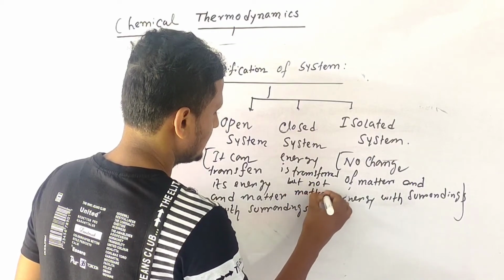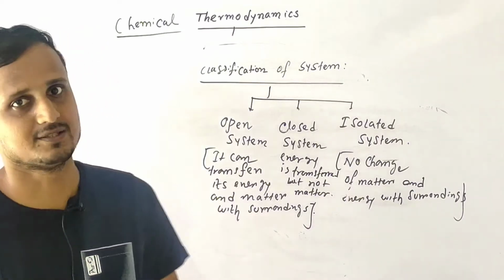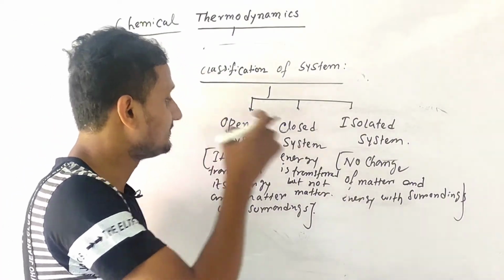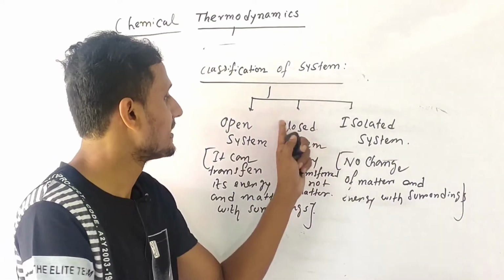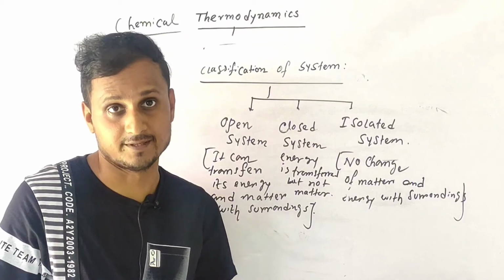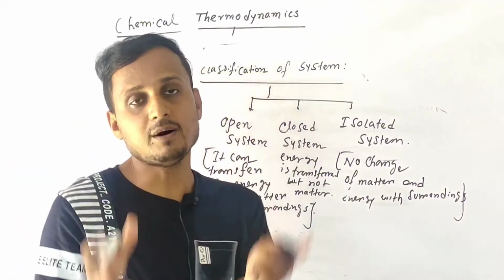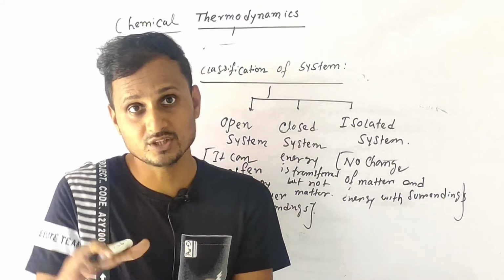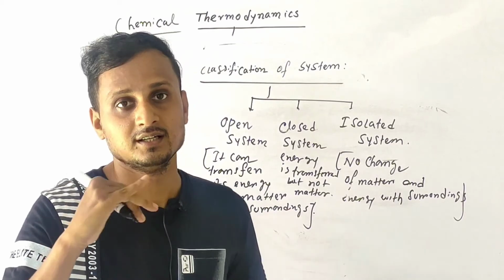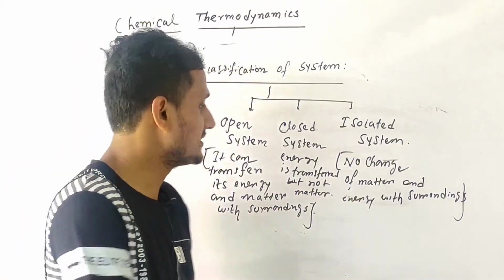So these are the three classifications of the system: open system, closed system, and isolated system. Liquid kept in a tube with the gaseous vapor, that is also a closed system. A cup of hot tea with a cover, that is also a closed system, because the liquid vapor will not come out from the system.